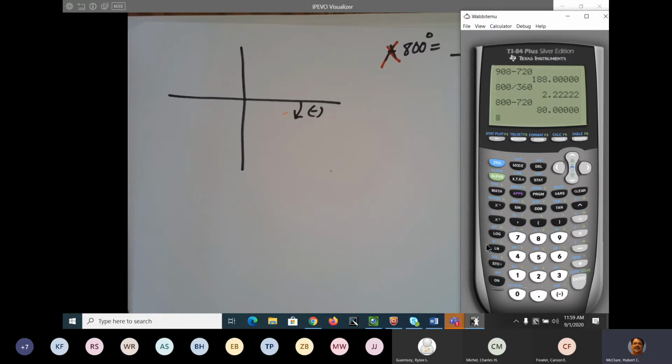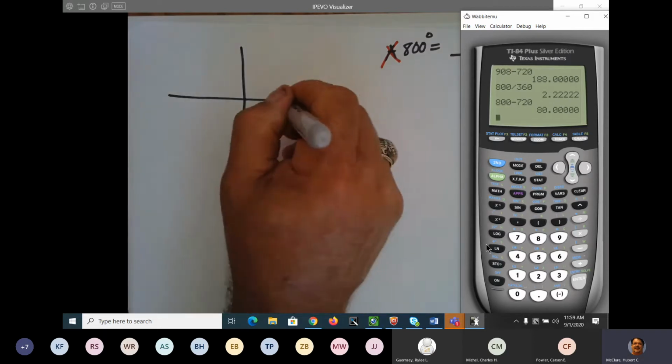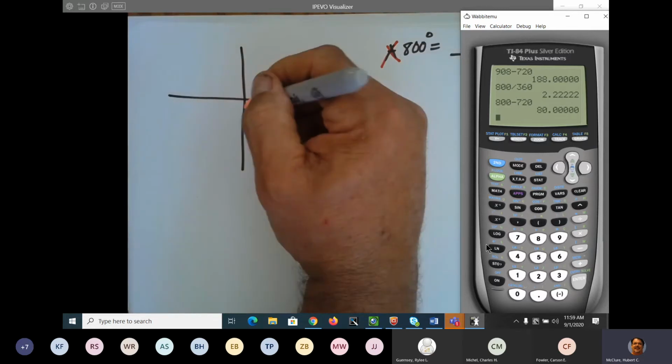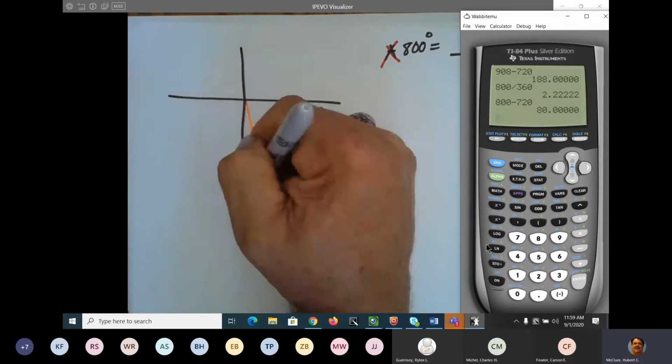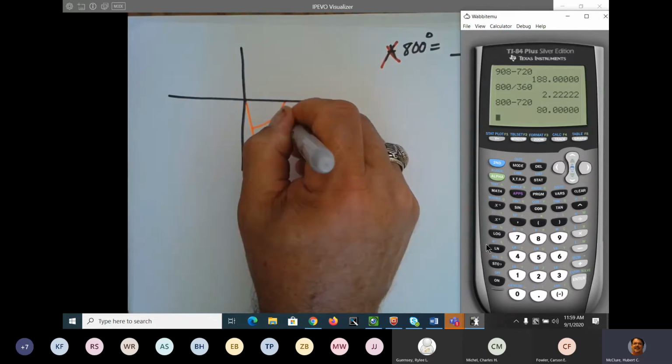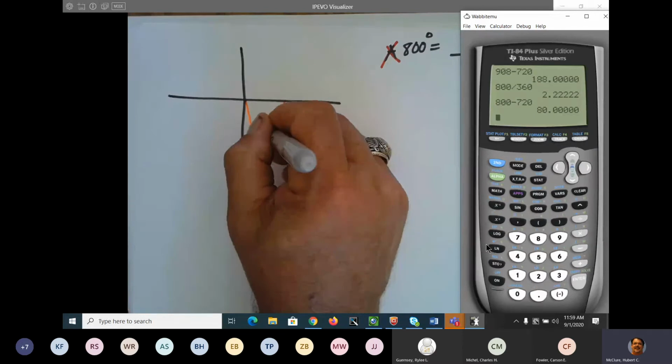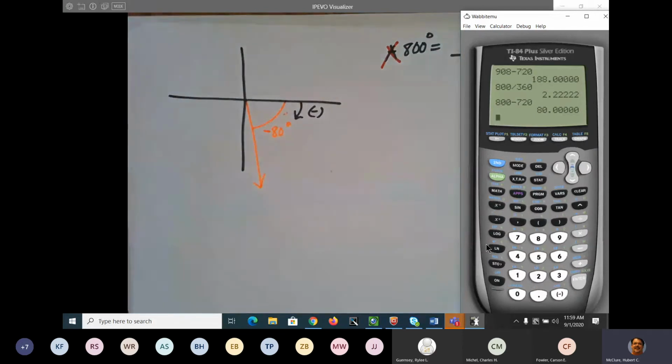So negative 80 degrees would be somewhere in there. And that's it.